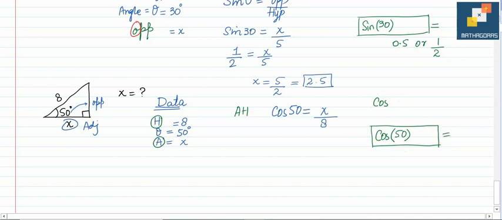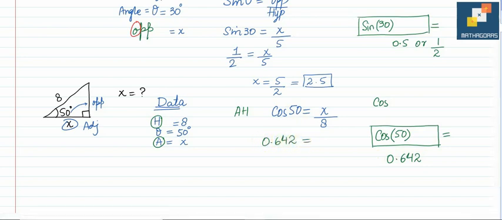And the calculator gives you the value of 0.642. So instead of cos 50, I am going to write 0.642 is equals to x divided by 8.